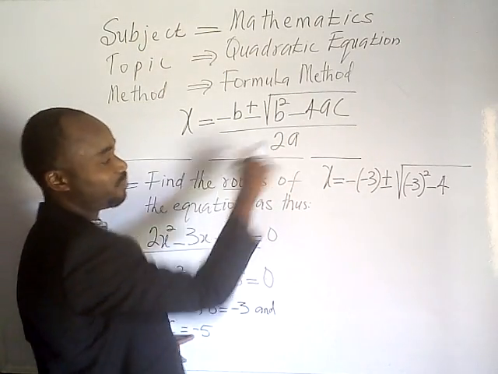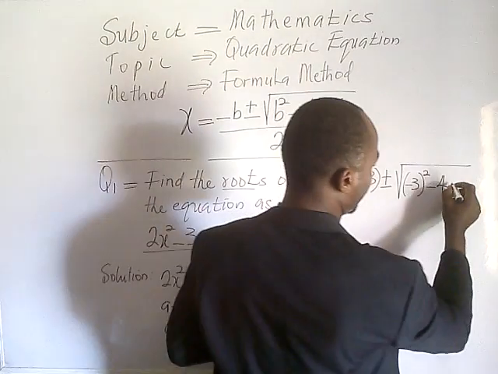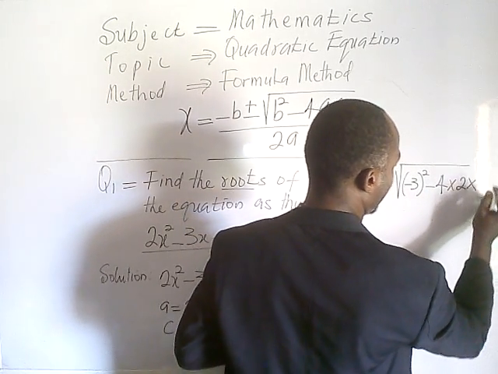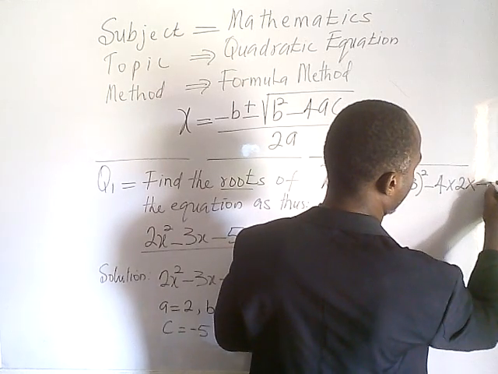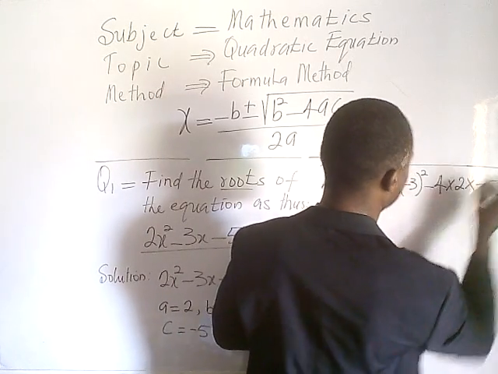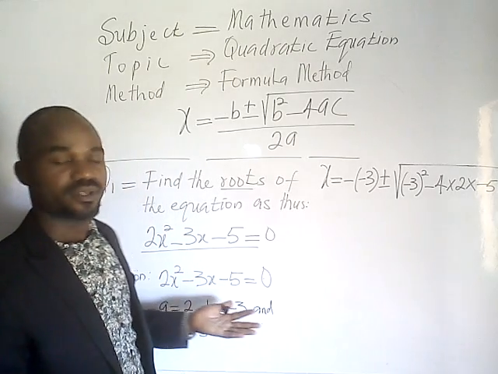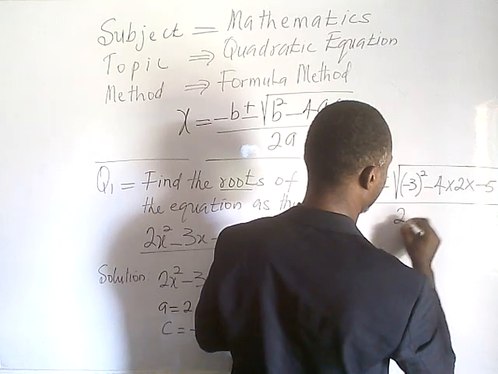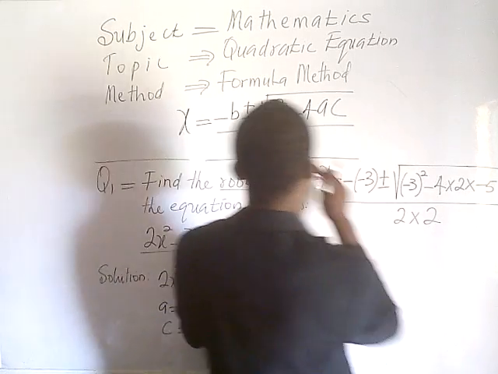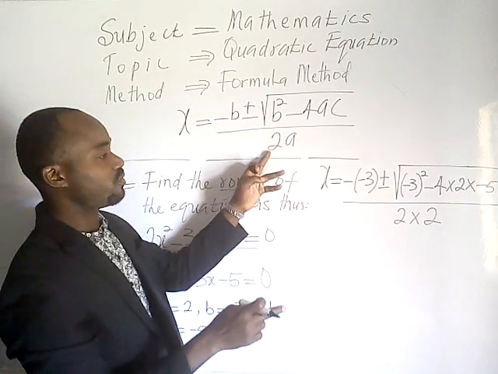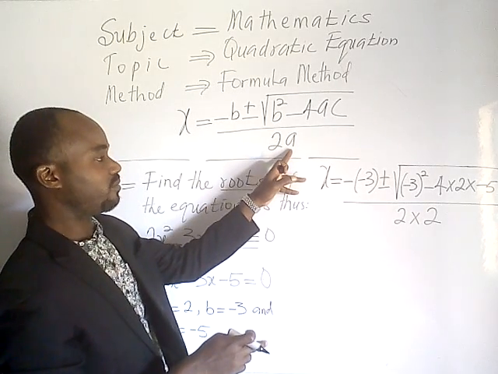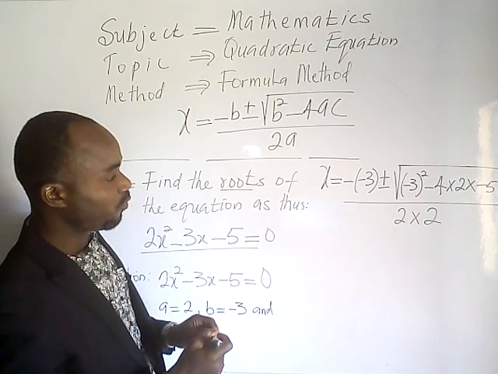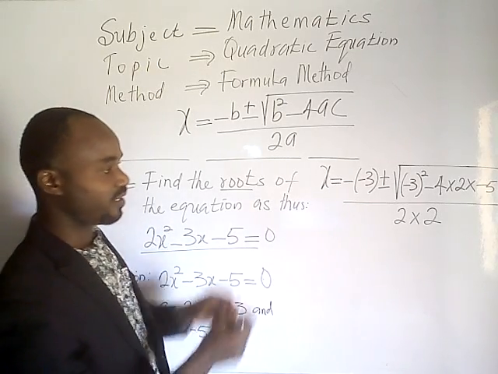We have times 2, times minus 5, all over 2 times 2, that is 2 times the value of a, which is 2.